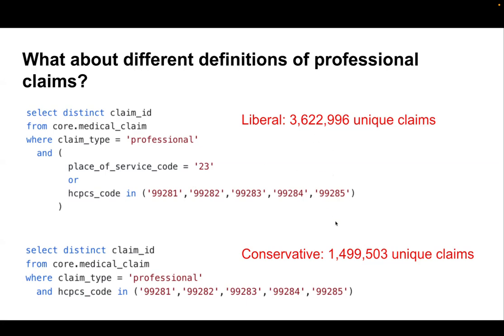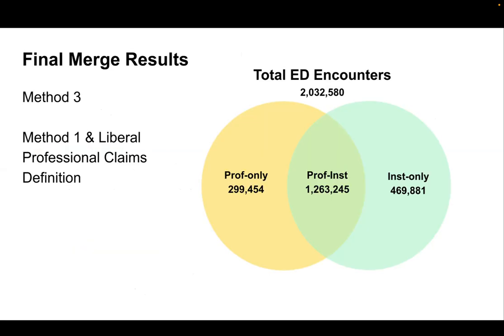And there was a massive difference, more than 2x, in the number of unique claims. So if we have been using the bottom method for all the statistics in this video, does that mean if we suddenly switch to the top method, we're going to see a 100% increase in the number of ED visits? Well, spoiler, the answer is no.